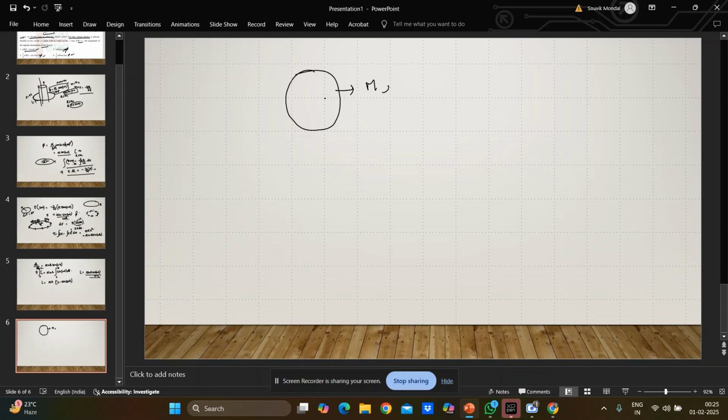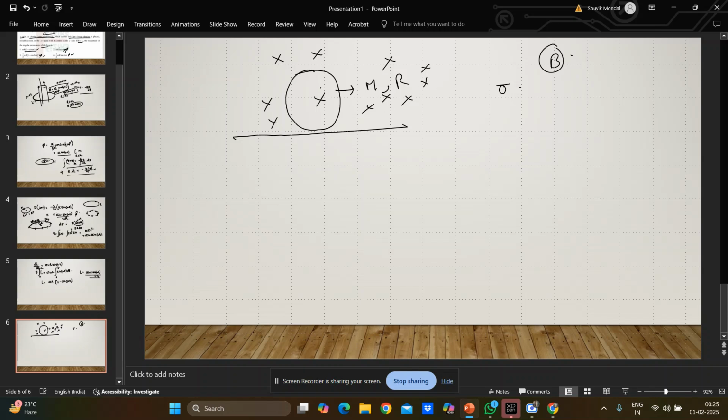Suppose there is a disk of mass m and radius r, moving in a cross magnetic field of magnitude B, and it has some charge density, say sigma.